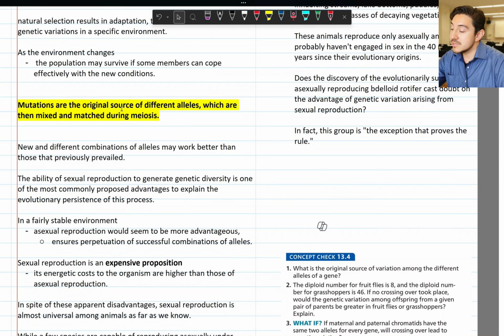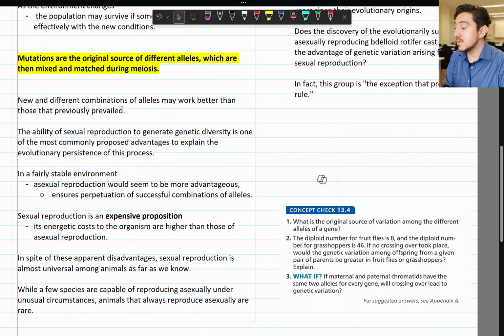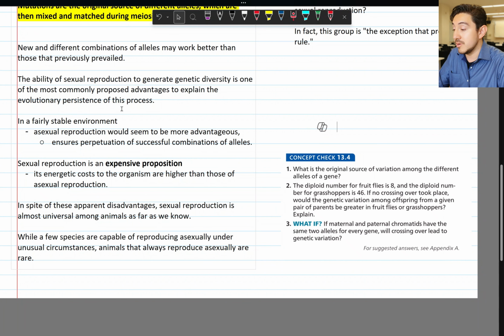So it does depend on the environment, okay? So mutations are the original source of different alleles, and then there's a mix and matching during meiosis. So that's quite interesting. Mutations is king. So new and different combinations of alleles can work better than what was previously prevailing. So it all depends on the environment.